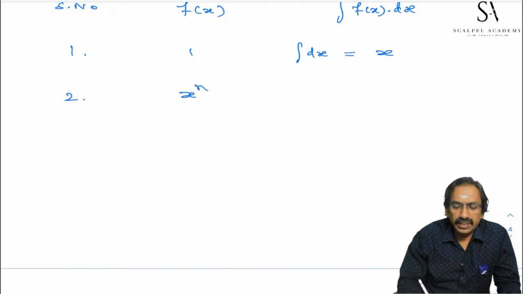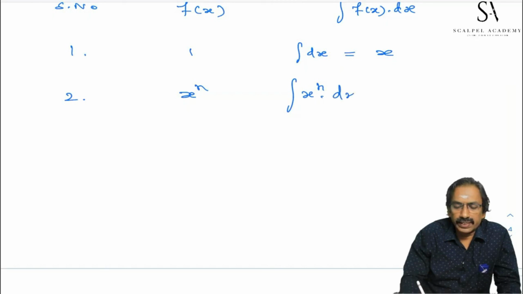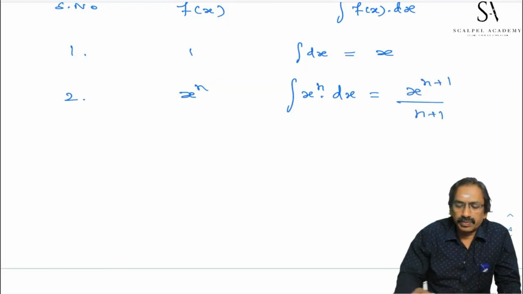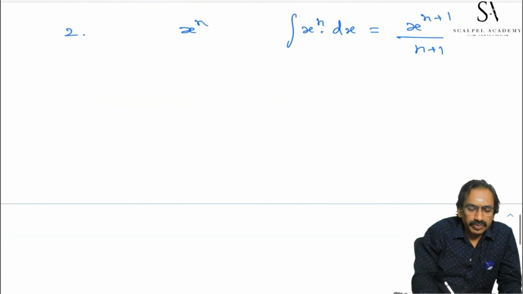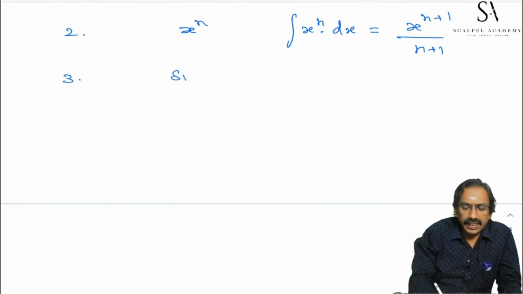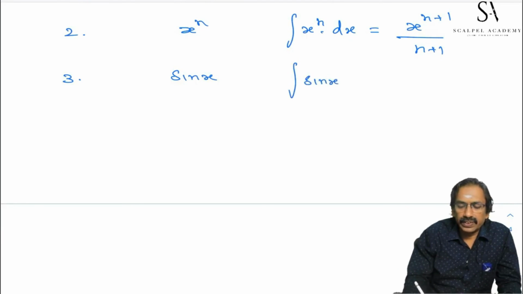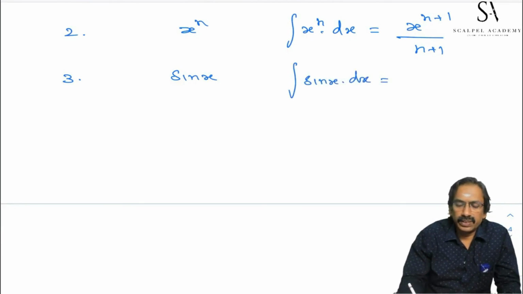Then integral x power n dot dx is equal to x to the power of n plus 1 by n plus 1. f of x is sin x. Then integral sin x dot dx is equal to minus cos x.